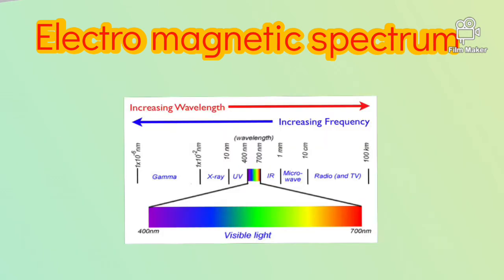If we arrange the electromagnetic rays according to the increasing order of wavelength, we get the electromagnetic spectrum. It consists of light waves, ultraviolet rays, infrared (IR) rays, gamma rays, X-rays, radio waves, etc.